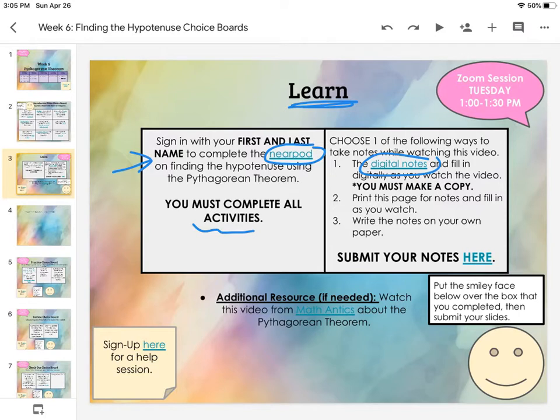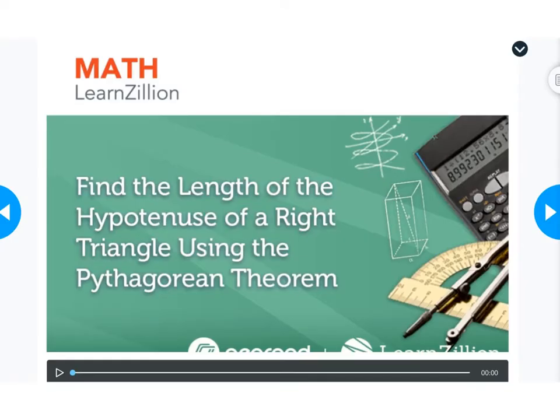If you choose digital notes, you make sure you submit your notes on the slide. There's an extra video here if you want to watch that video. Here's your smiley face. You're going to move it and cover either the Nearpod or the notes, so whichever one you choose. The Nearpod is pretty good.